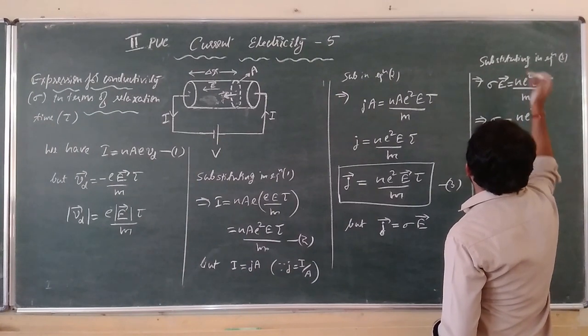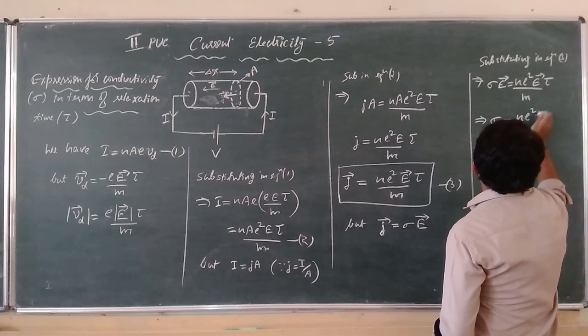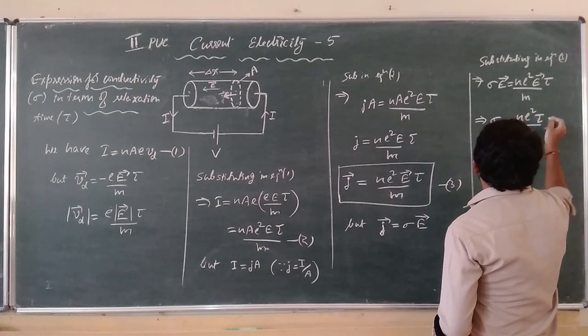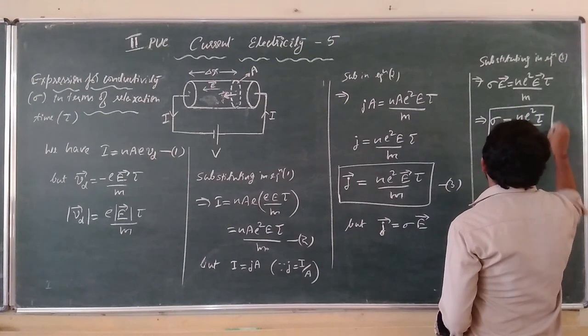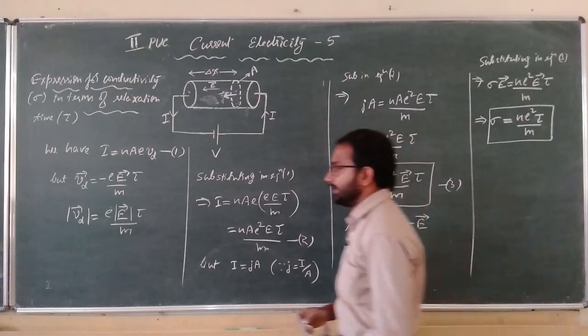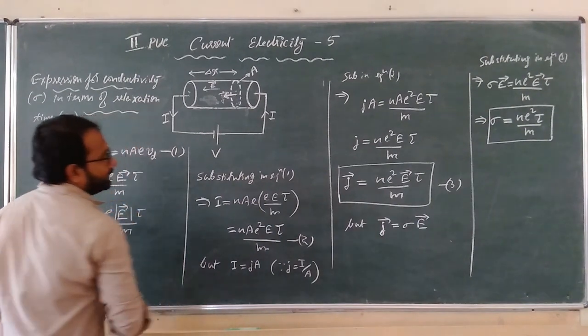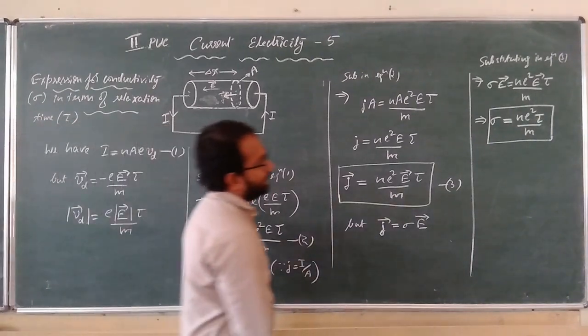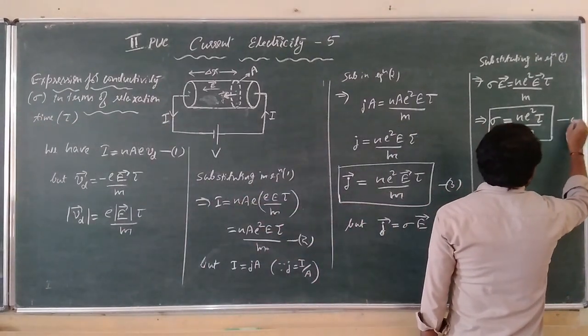So vector E gets cancelled, therefore conductivity sigma is equal to n e square tau by m. That is the expression for conductivity in terms of relaxation time tau. What is the resistivity then?